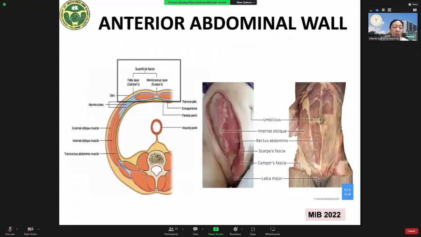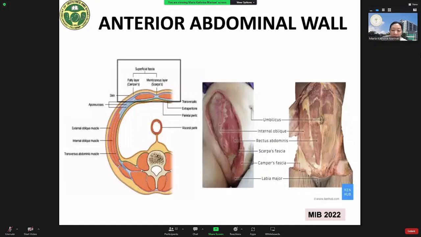Okay, so the subcutaneous layer underneath the skin can be subdivided into two: the superficial, predominantly fatty layer, which is called the Camper's fascia, and a deeper membranous layer called the Scarpa's fascia. These two layers are not discrete or well-defined layers.